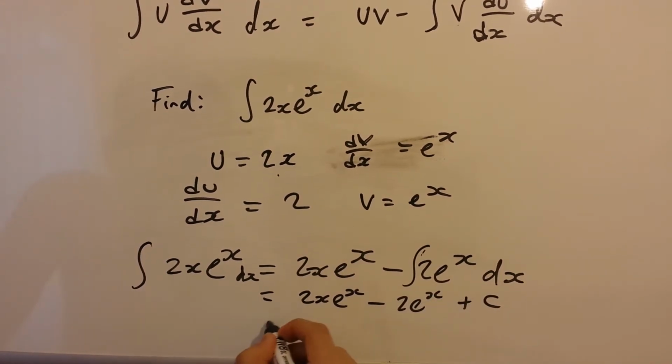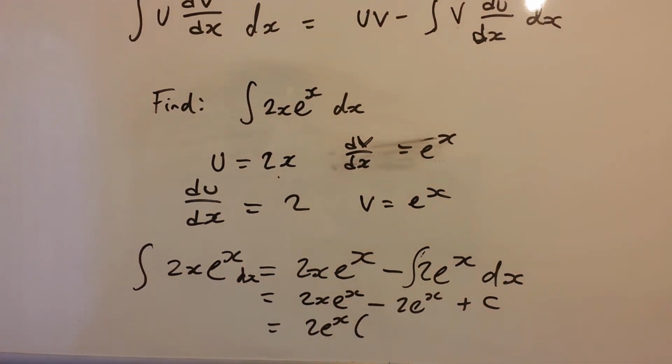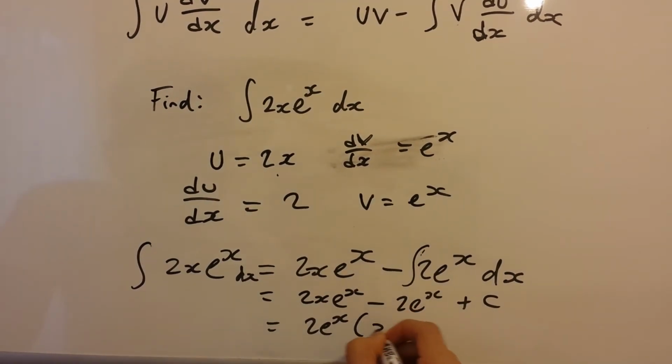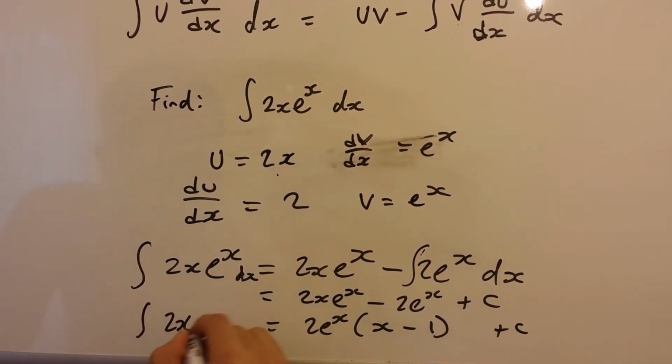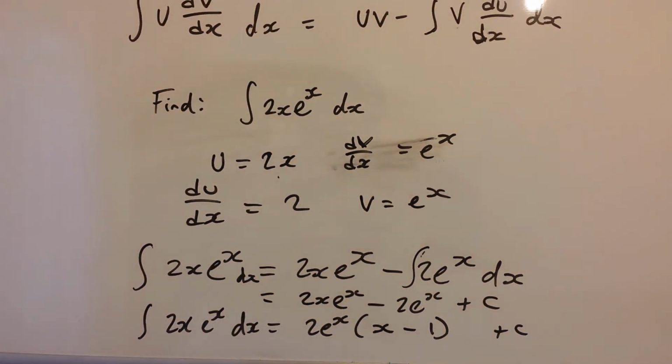Plus c, and that's equal to, if we take the 2e to the x outside, you'll get x minus 1. And that's integration by parts.